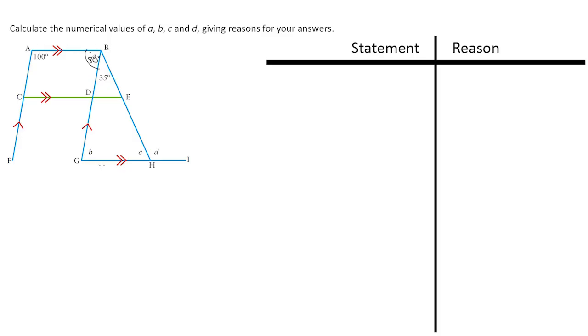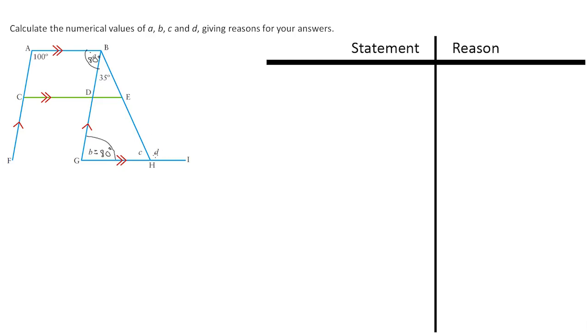AB is parallel with GF, meaning I'm looking now at the N concept. It means that B will also be equal to 80 degrees, because those are alternate angles. By looking here at D, can you see this triangle?